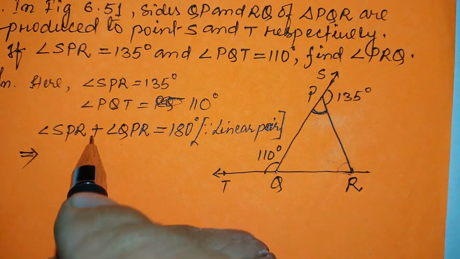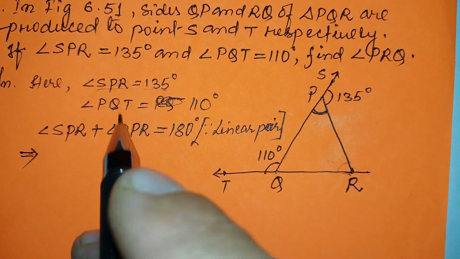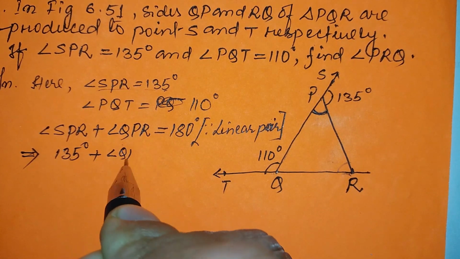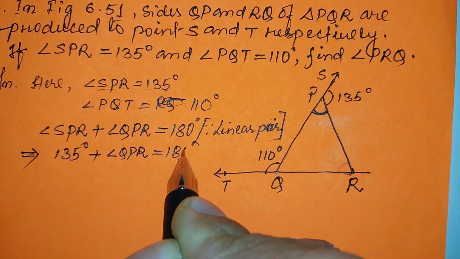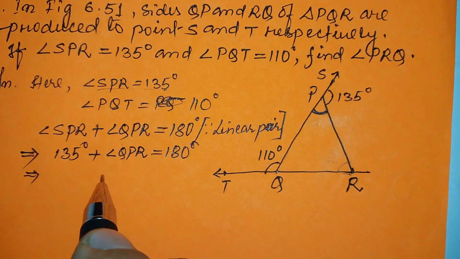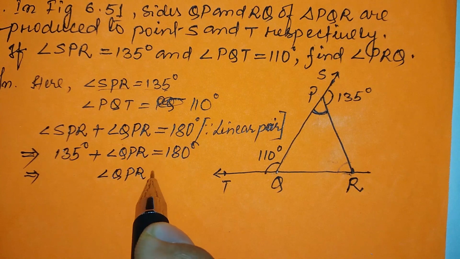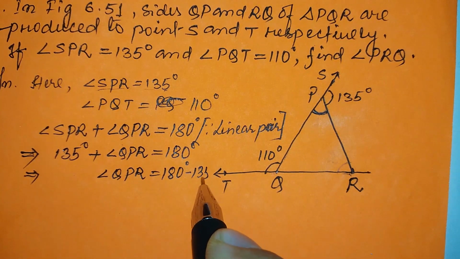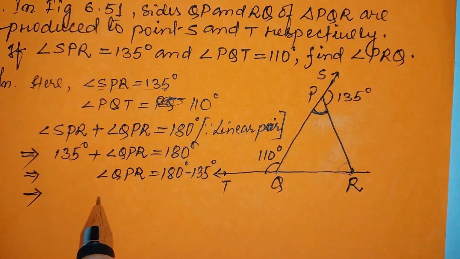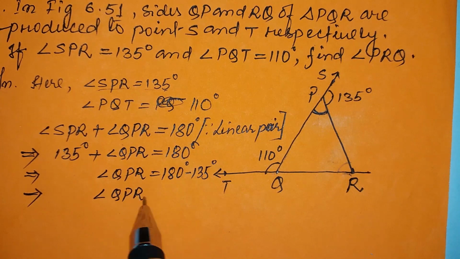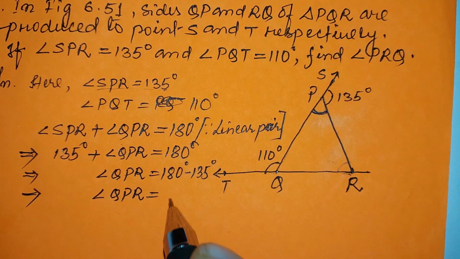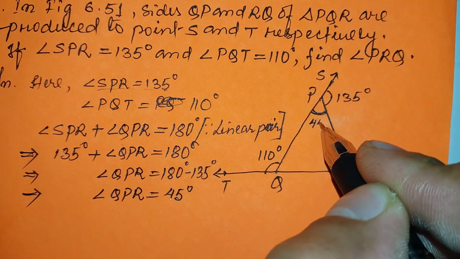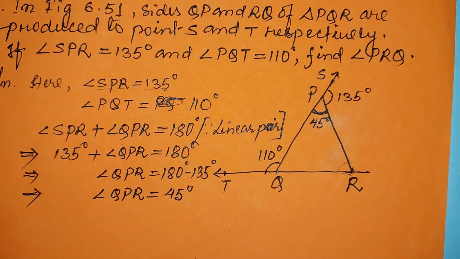This implies that angle SPR, which we already have as 135 degrees, plus angle QPR is equal to 180 degrees. Transposing 135 degrees to the right hand side, angle QPR is equal to 180 minus 135, which is 45. So angle QPR is 45 degrees.